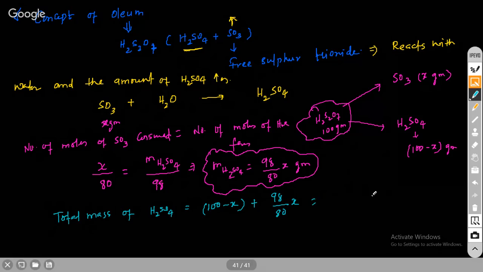So when you solve this, you will get 100 plus 18x by 80 is the mass of H2SO4 you get. Right? This is the total mass of H2SO4 when we dissolve this oleum into water. This is the formula, right? Must remember this formula.